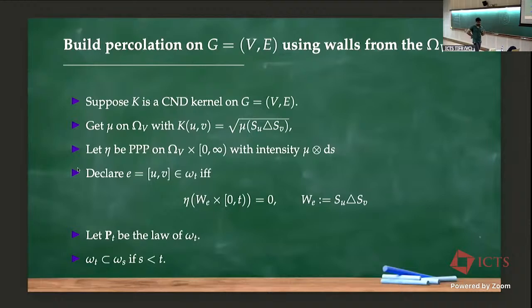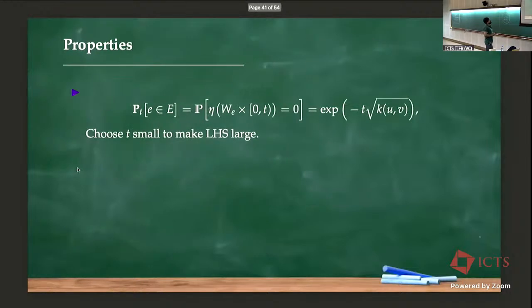If the walls should be thought of as hindrances of the larger and larger components coming up, right? So I'm saying that I will declare an edge open if I see no walls with this parameter.